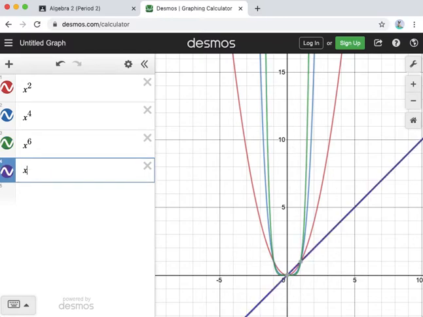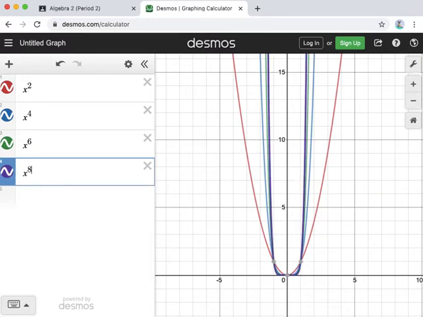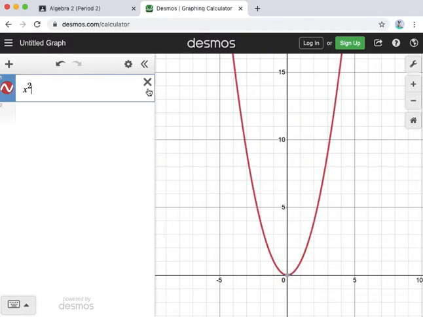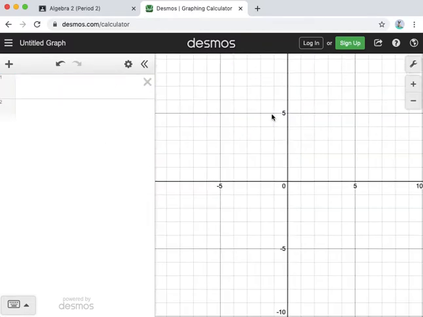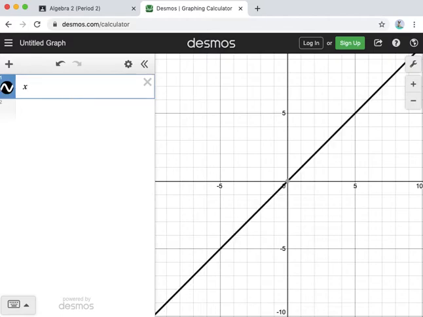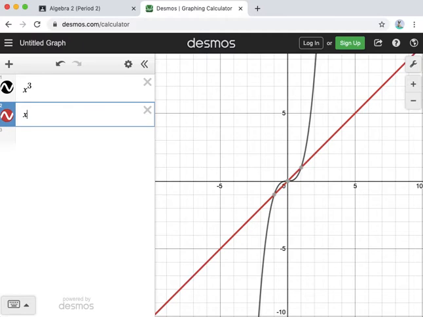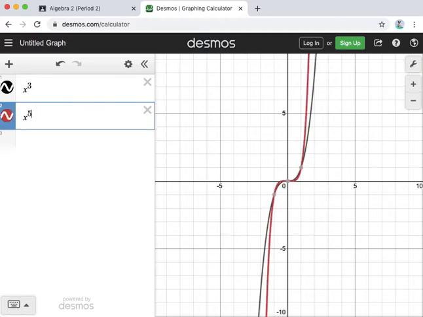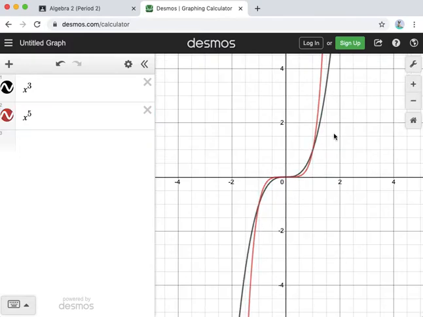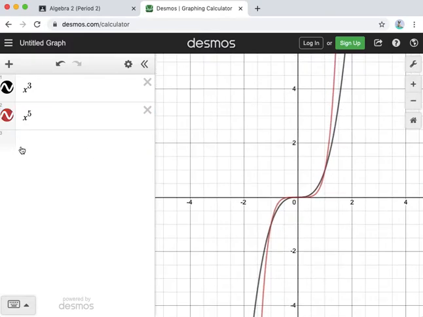If we were to be curious and type in x to the eighth, you can see it gets narrow once again. And then if we do the same exercise for x to the third, x raised to the third power, and then x raised to the fifth power, you can see it's getting more narrow. I can zoom in a little bit so you can see the behavior.